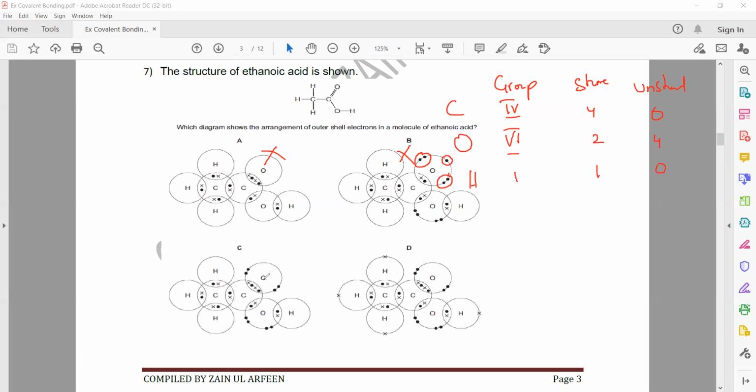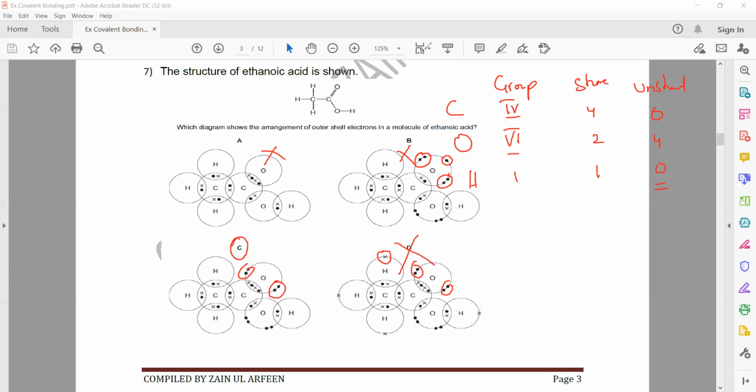So each oxygen has 4 unshared, and either C or D can be the answer. But in option D, hydrogen has 1 unshared electron, and according to this rule hydrogen should not have any unshared electron. So D is also wrong. C will be the right answer.